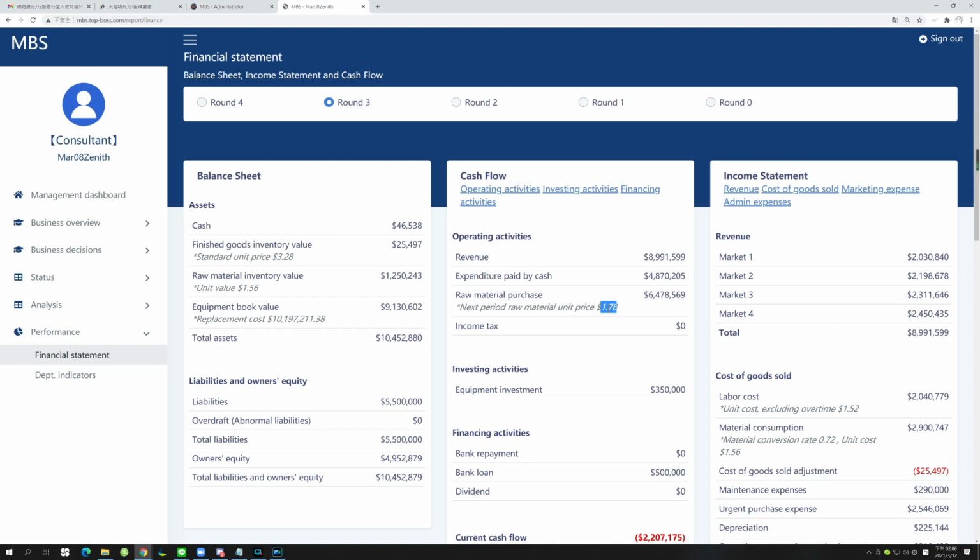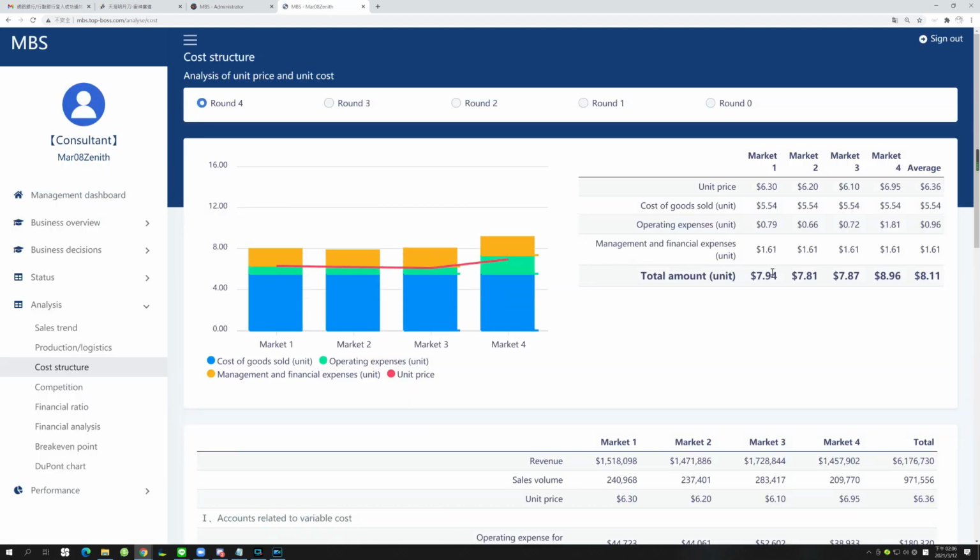That will affect the cost structure of your decision. In the cost structure graph, if you purchase the raw material appropriately, you can reduce the cost of goods sold figure.